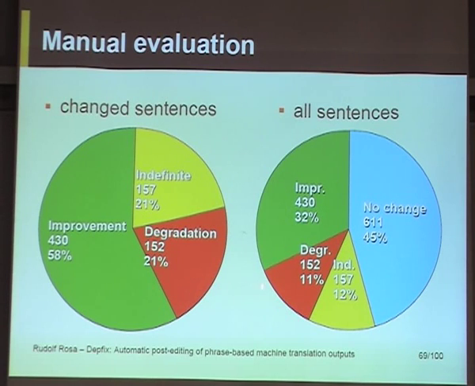And from the sentences that were somehow changed by DEPFIX, in about 60%, the change by DEPFIX was positive. So DEPFIX found something which was actually wrong and changed it so that it was correct. So this is a nice thing. There is about 20% of cases where it actually made the sentence worse, which is unpleasant, but it's understandable.